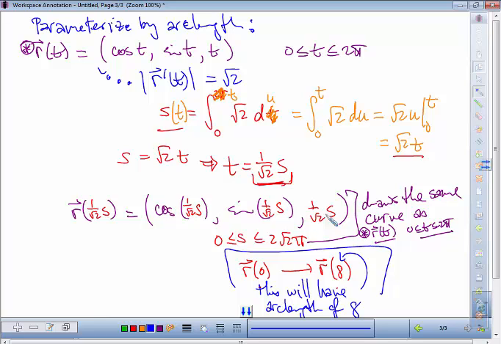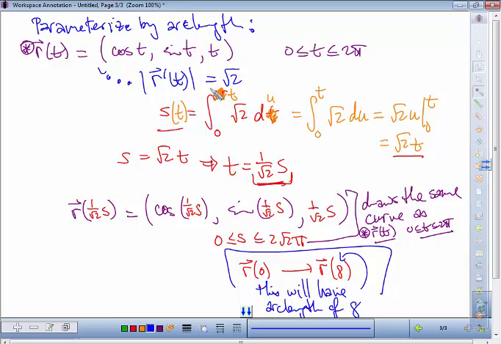This just turned out to be really nice because it's a helix, and with a helix, we got constant length of the derivative. The velocity vector is not a function of t, which means it's a constant velocity. But if you change a function, your velocities will probably change.